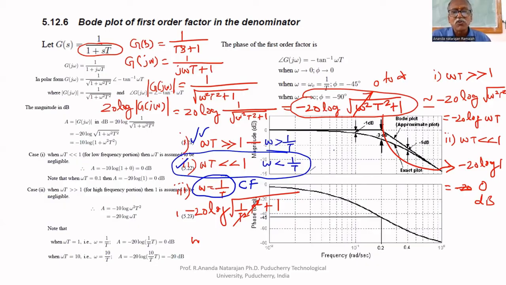Omega less than 1 by tau, let us put omega equal to 0.1 by tau. Tau gets cancelled, and we get 1 plus 0.1. 1 and 1.1 are almost equal. Therefore, this can be ignored when omega is less than 1 by tau.